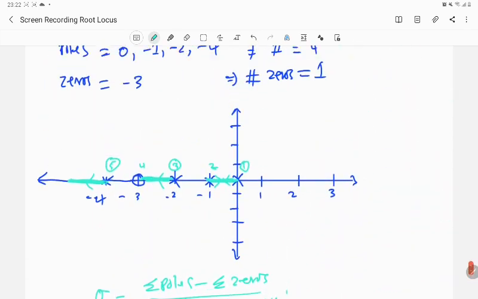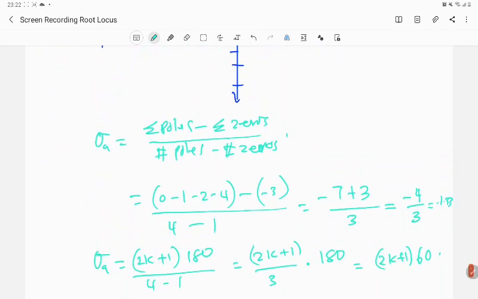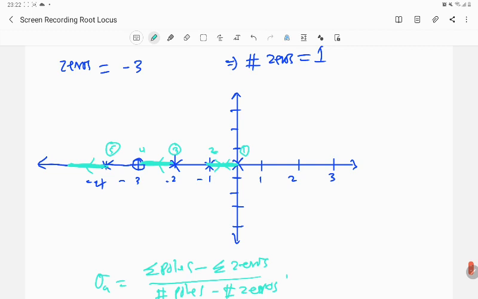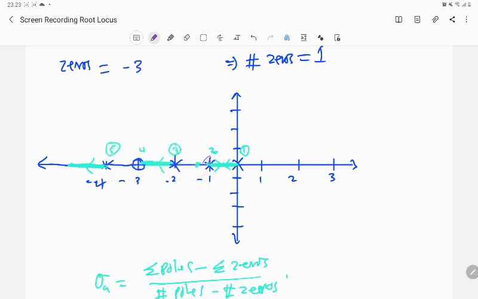Okay, so when we come here, you see that our centroid is at minus 1.33. Okay, so that is somewhere here. Let me draw the centroid with a different color. So it's here, and the angle for the first asymptote is 60 degrees.